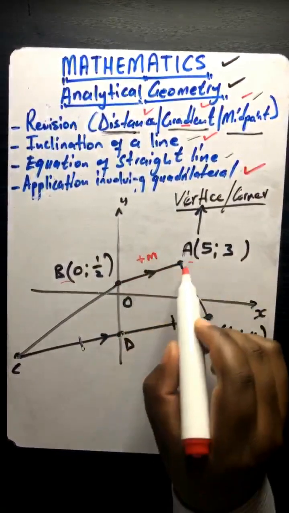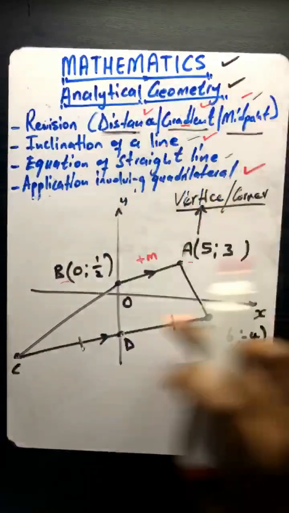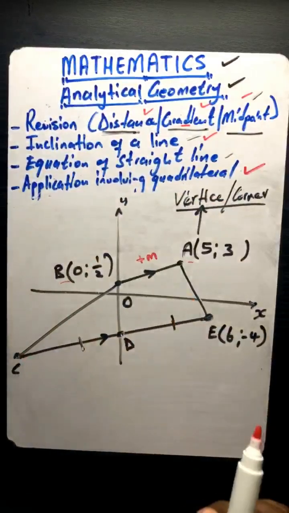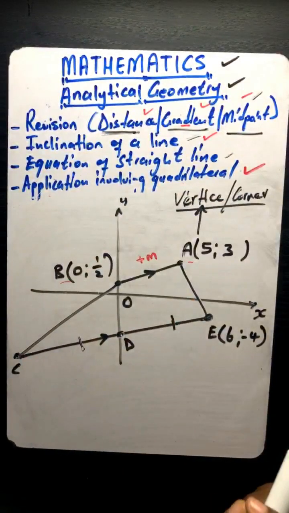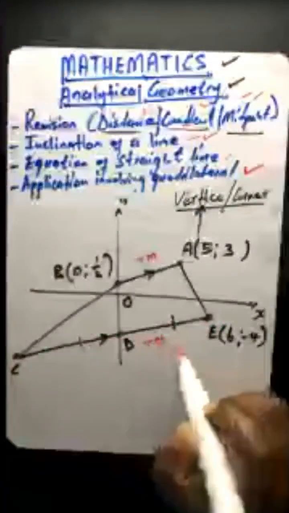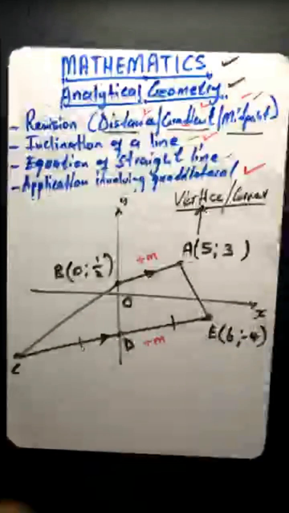Why? Because if you extend this line, it ends in the first quadrant and the third quadrant. Also, because BA is parallel to that line, the gradient of this line also has to be positive, the same gradient. That's how the examiner can try to be tricky and confuse you.